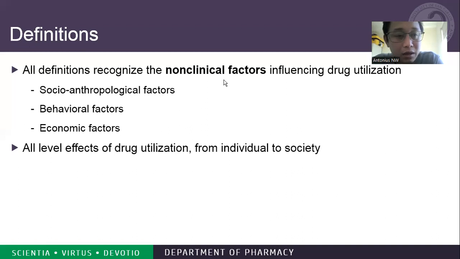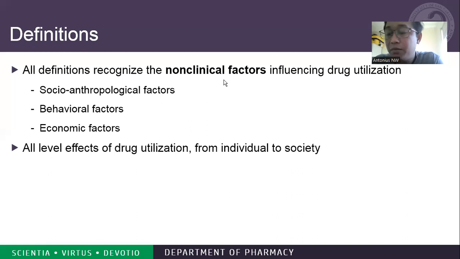But because most of us feel already healthy after taking some medications before it is finished, we have leftover antibiotics that can contribute to the global problem, which is antimicrobial resistance. So yeah, drug utilization research also covers this theme.